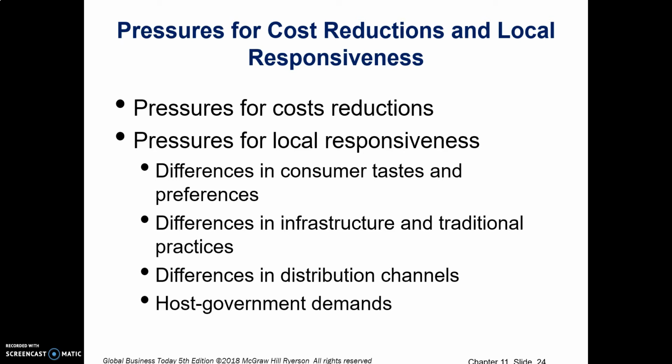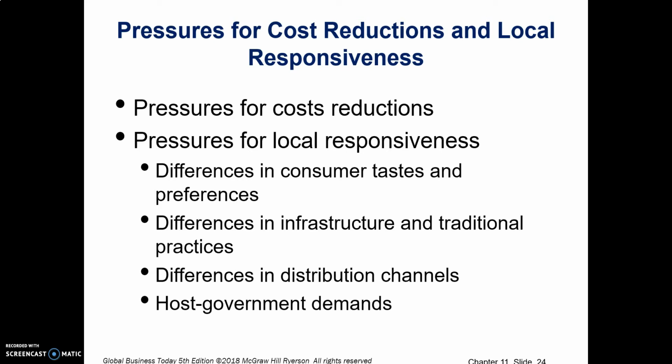So pressures for local responsiveness have four elements in mind here. Differentiation in consumer tastes and preferences. So one could argue that McDonald's hamburgers are the same everywhere. And when I've traveled, I've made a point, not because I like McDonald's, to go into McDonald's of the various countries I've visited just to see what kind of differences and similarities exist.